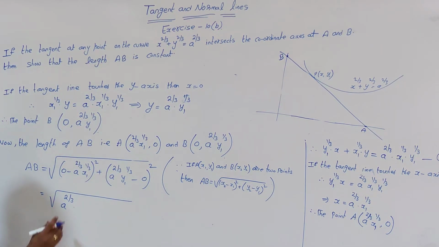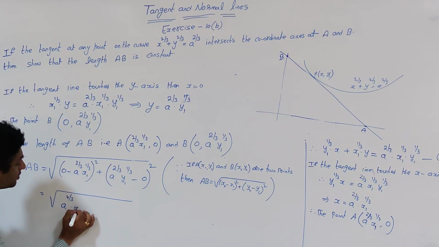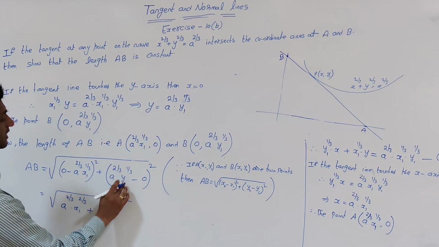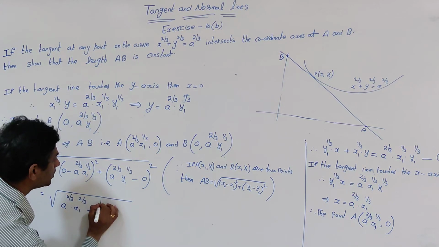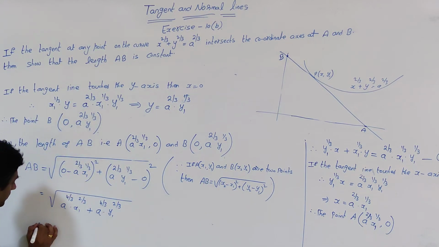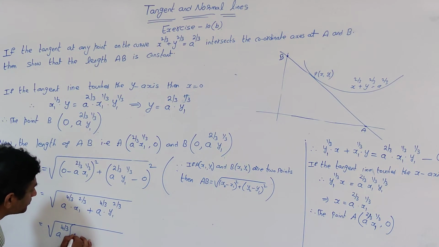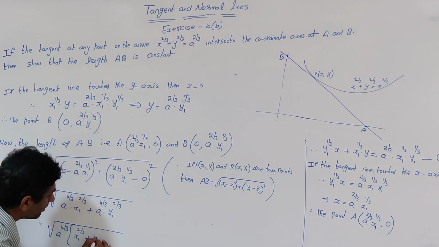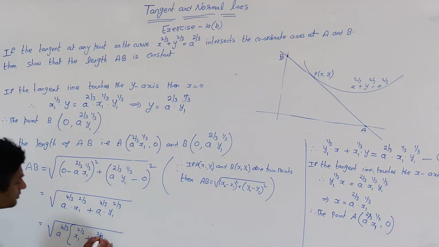Now a to the power of 2 by 3 whole square means a to the power of 4 by 3 into x1 to the power of 2 by 3, plus a to the power of 2 by 3 y1 to the power of 1 by 3 minus 0 whole square means a to the power of 4 by 3 into y1 to the power of 2 by 3. Again, square root of a to the power of 4 by 3 is common, then it will be x1 to the power of 2 by 3 plus y1 to the power of 2 by 3.